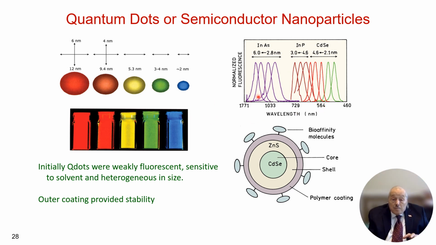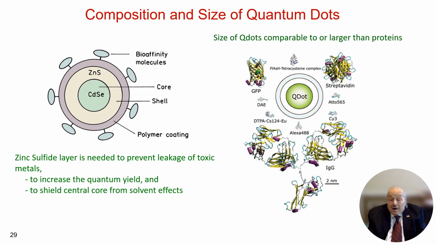For a single type of atomic composition, this is actually completely explainable by quantum mechanics. In order to be used, they had to be modified a little bit, and this took a few years to get right. If you just use the isolated semiconductor nanoparticle, it's very sensitive to the environment.